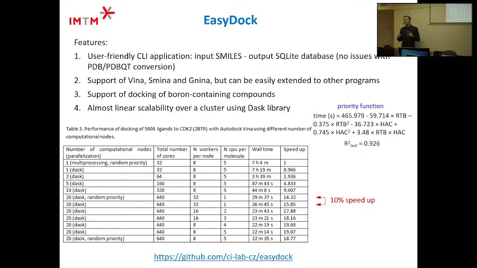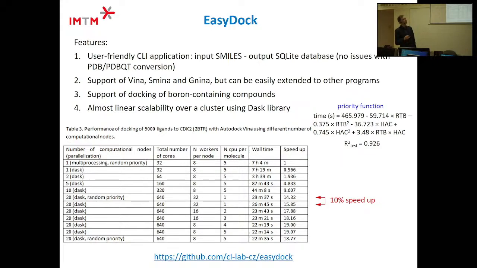In this way, we optimize the tail of the computation because, for example, if you occupy 10 servers and your last compound's docking lasts half an hour, all other servers will be occupied until this compound finishes its docking. That's why we prefer docking later the compounds which are faster to dock.